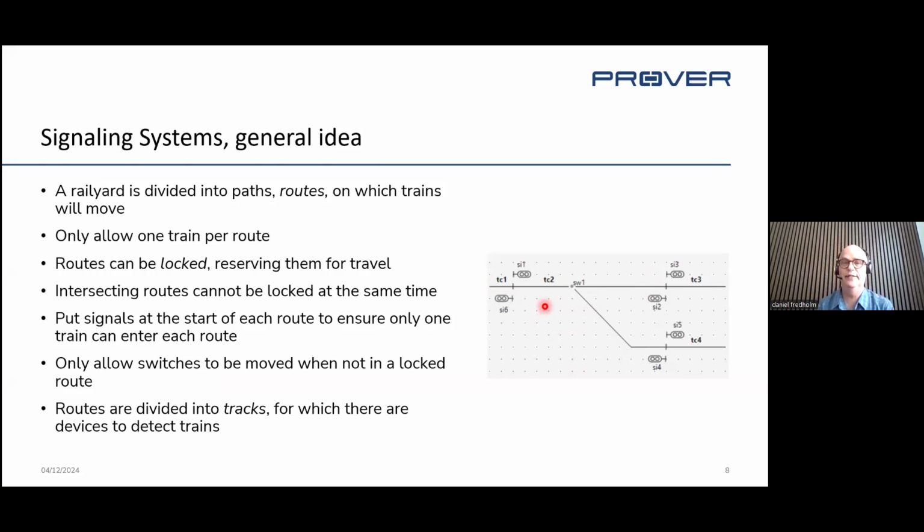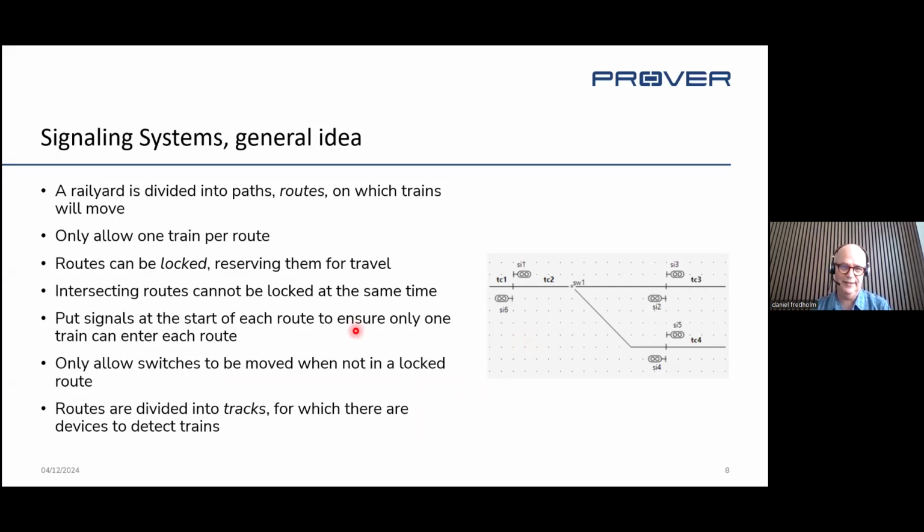And in the old days, or even now, the traditional device for doing this is something called a track circuit, which is basically you hook up an electric current in the two metal bars and a relay. And when the train enters, it will form a closed circuit of electricity and the relay will pull. So then the signal system would know that you actually have a train on that track.